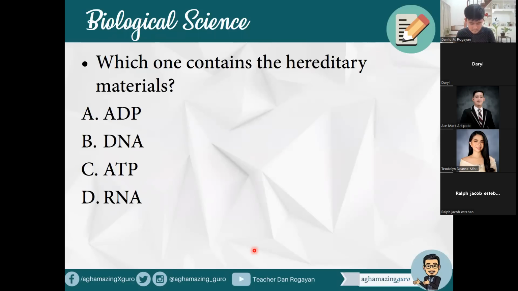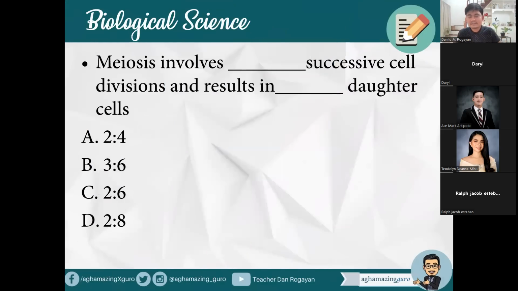Of course, letter B, deoxyribonucleic acid, actually contains the hereditary materials. It's actually the genes that the parents pass on to their offspring through the process of heredity and genetics.